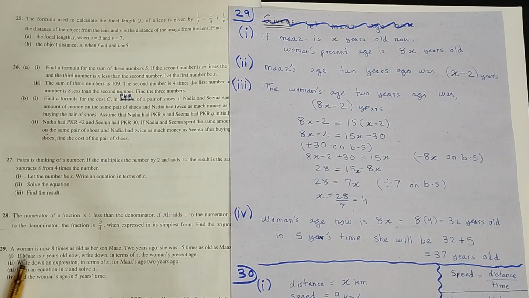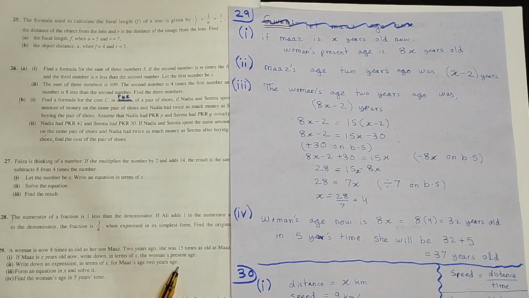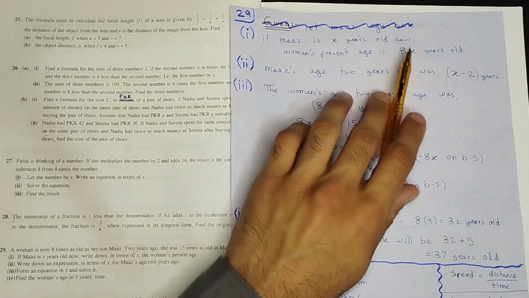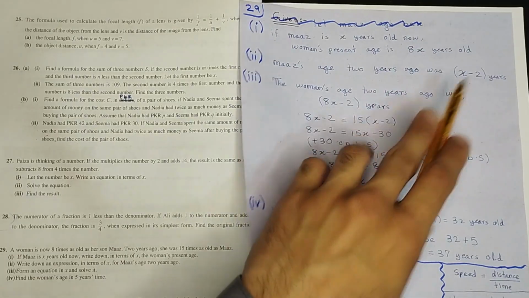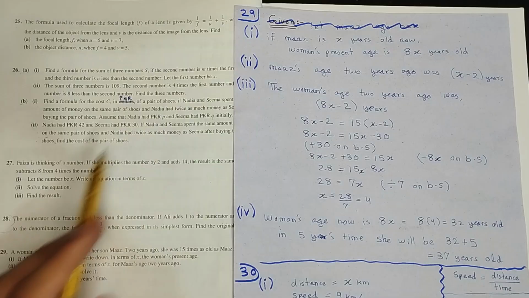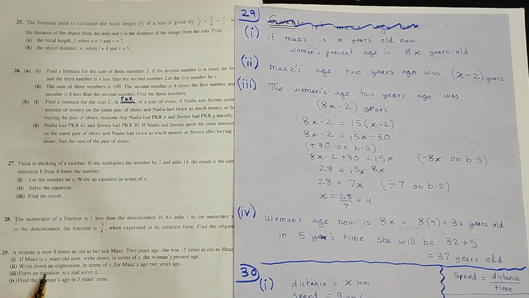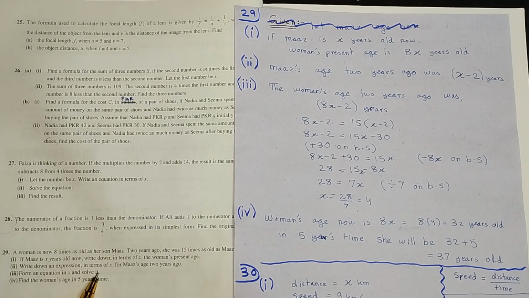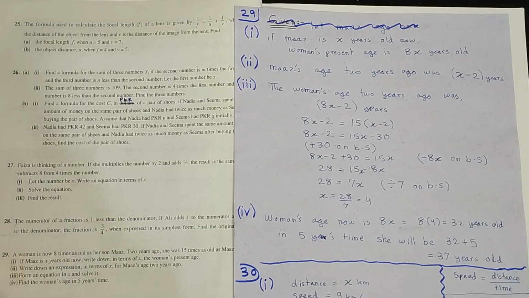The second part says write down an expression in terms of x for Maz's age 2 years ago. Okay, if Maz's current age is x, then 2 years ago his age was x minus 2. That simply gives us the answer. Then the third part says form an equation in x and solve it. Now how are we going to make an equation?